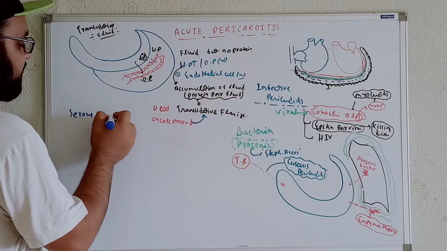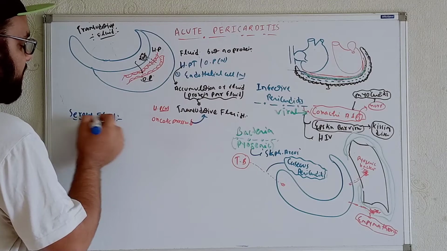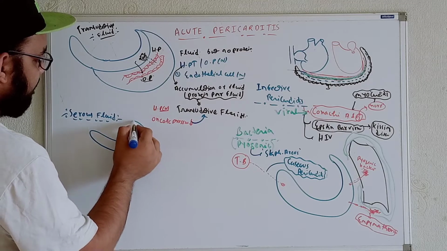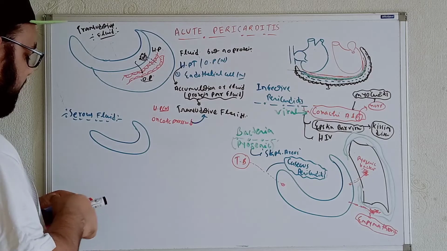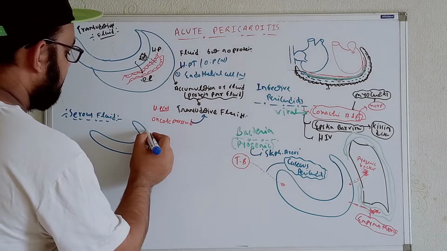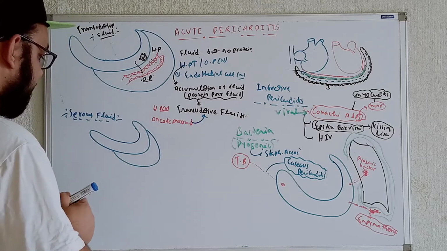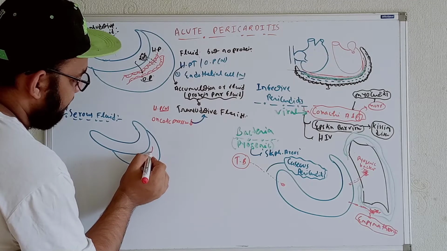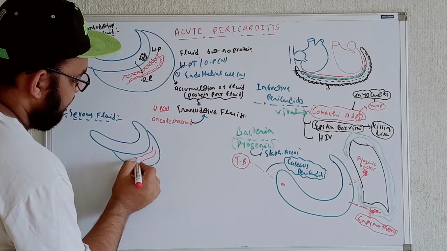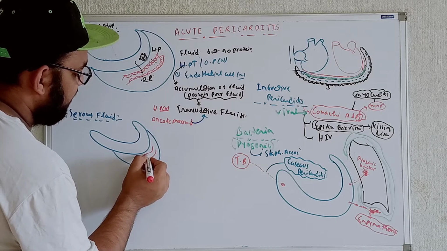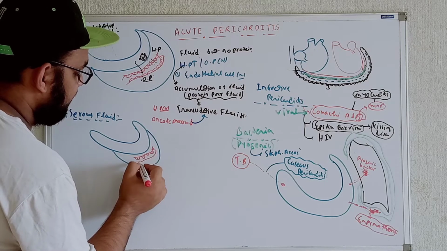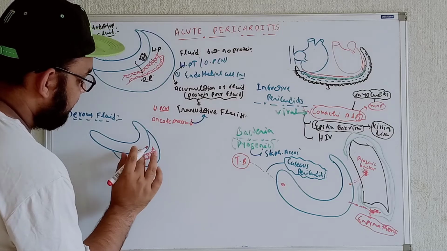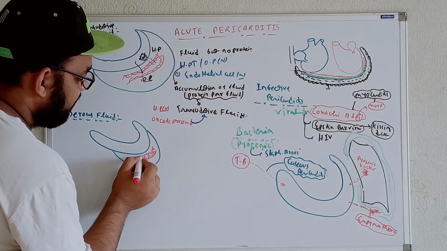When will we get the serous fluid, or serous pericarditis, with the accumulation of serous fluid? In the same way we will draw the pericardium. Now in this case, try to understand from here, guys. I am just enlarging this part. For whatever reason, if there is mild injury within the endothelial cells, or you can say mild inflammation, then the gap between the endothelial cells will increase, but not significantly.